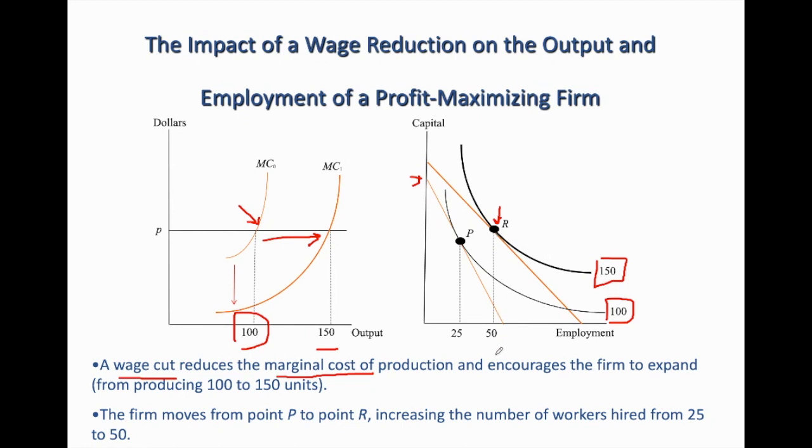What do we find at point R, the new tangential point? We find that the employment level has increased from 25 to 50. So this is one thing we find over here. What about capital? There is also a much higher amount of capital considered by this firm to produce 150 units of output in this case.